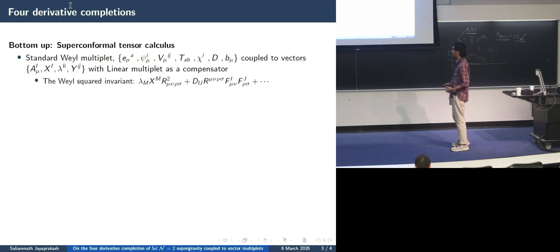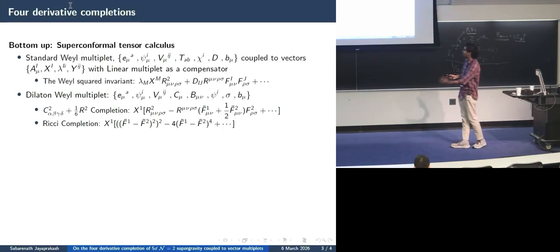In the ungauged limit, this construction only admits 1 non-trivial invariant at four-derivative level, the so-called Weyl-squared invariant, which schematically takes a form like this. Another example is the dilaton-Weyl multiplet that admits 2 non-trivial invariants.